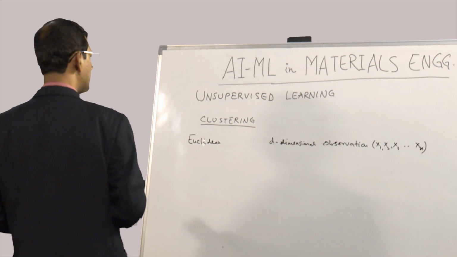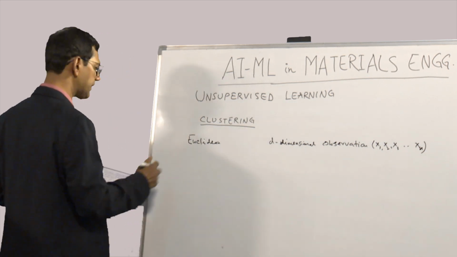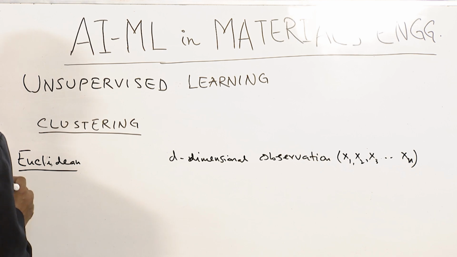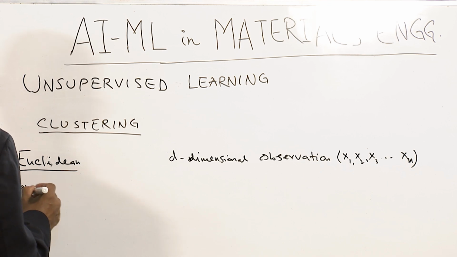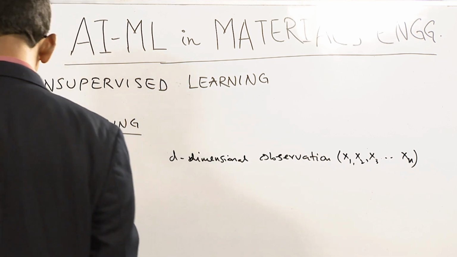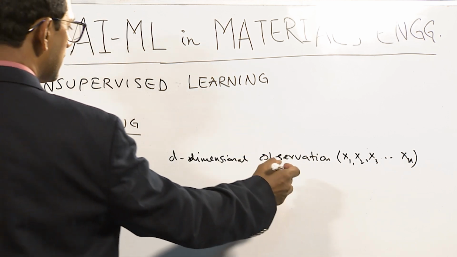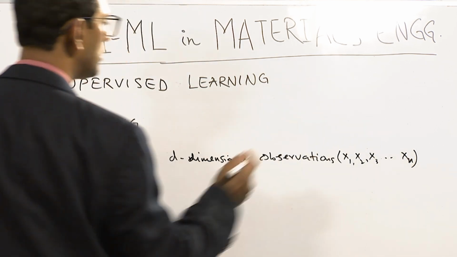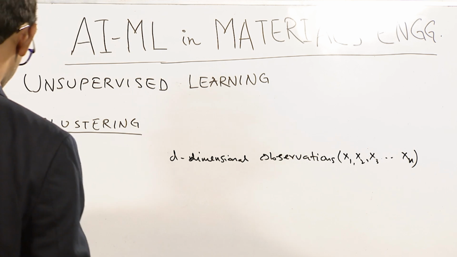So, how does this K-means algorithm work? Well, it divides n observations. You can see there are n observations x1 to xn in a d-dimensional space, right.